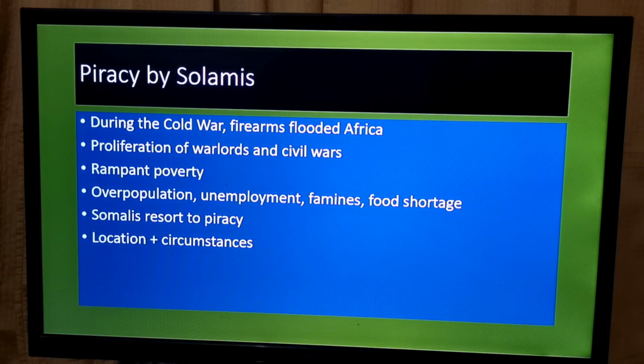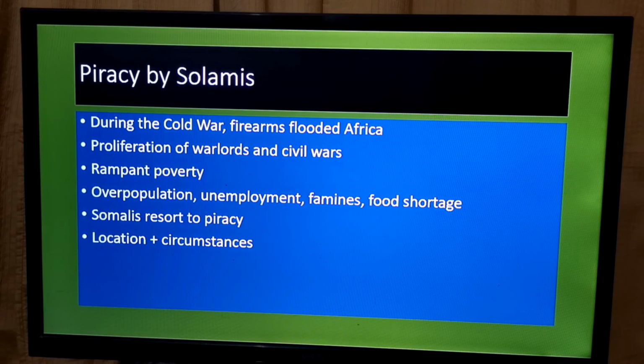Sailors do not have guns. It's prohibited on board, and the Somali pirates know that. So the pirates have guns. The seafarers do not have guns. So when they climb the ship, they are in control of the ship.